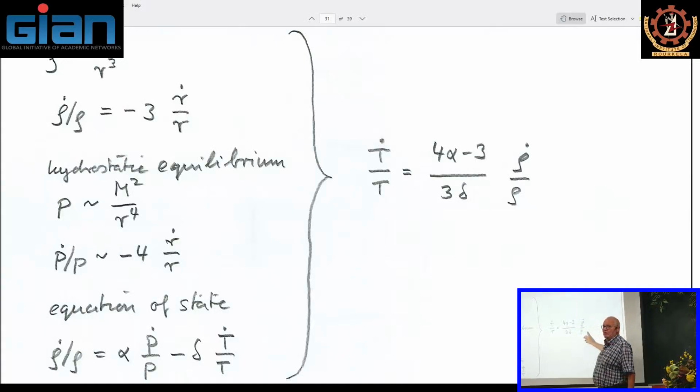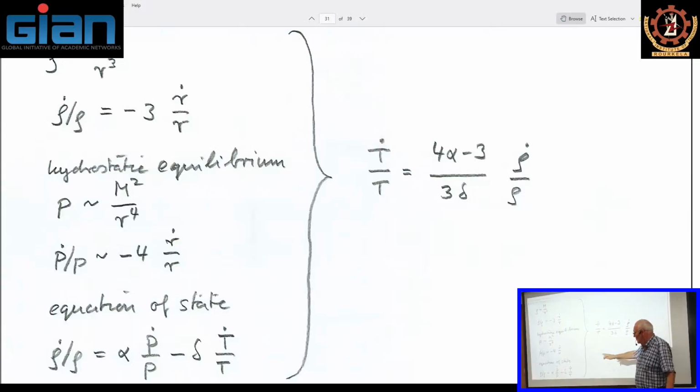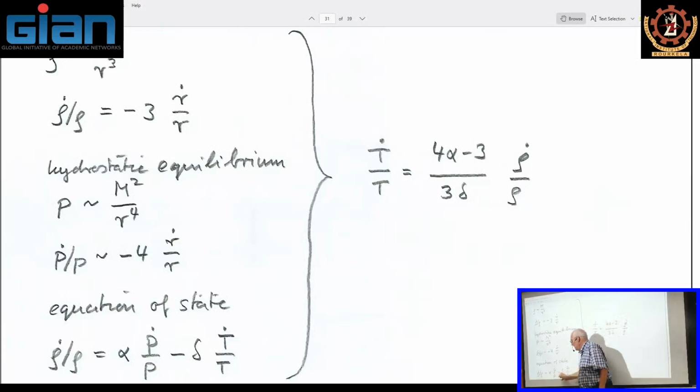Rho dot over rho is positive because density increases. It depends sensitively on the coefficients of the equation of state, in particular on alpha and delta.